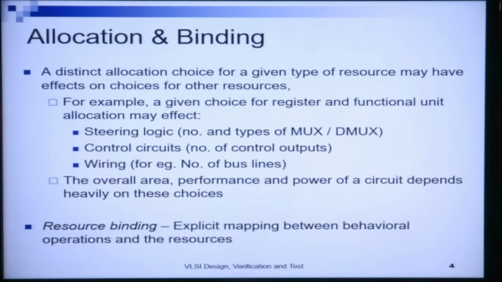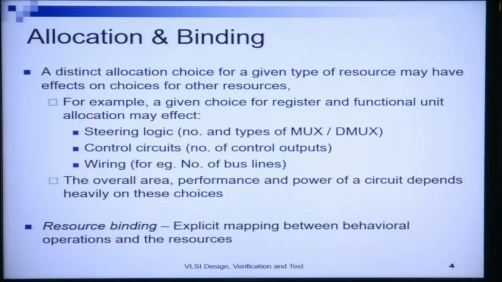So, the choice of which variables you have put on which registers, and which operations you have mapped to which functional units, will decide the number of muxes and the types of muxes, a 4:1 mux or an 8:1 mux. The choice of types and number of muxes will depend on the choice of registers and functional units that you have made. It will also determine the control circuits that you have.